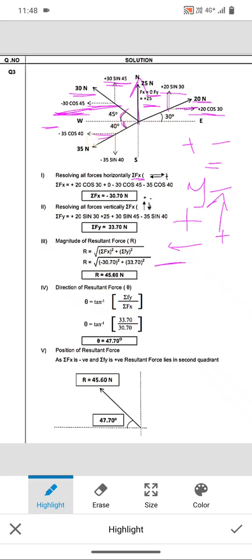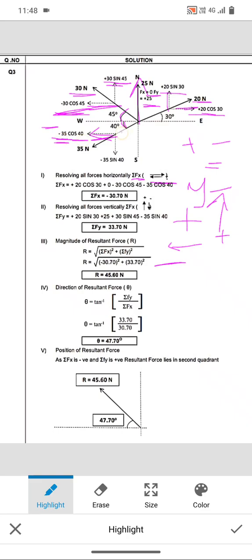Its horizontal component is minus 35 cos 40, because the force is acting towards the left. The sign convention of the horizontal component is towards right positive and towards left negative.